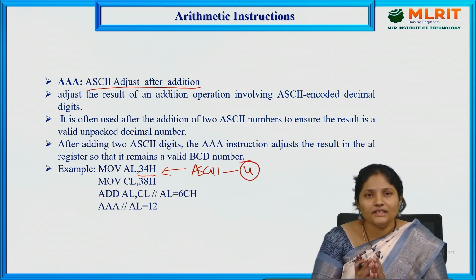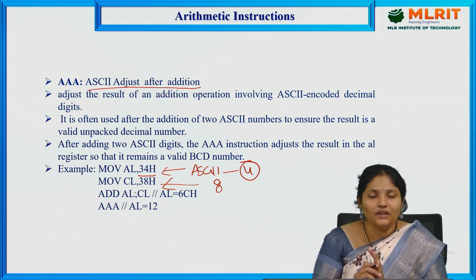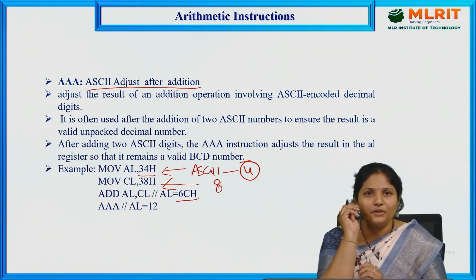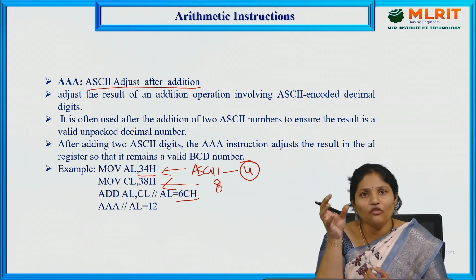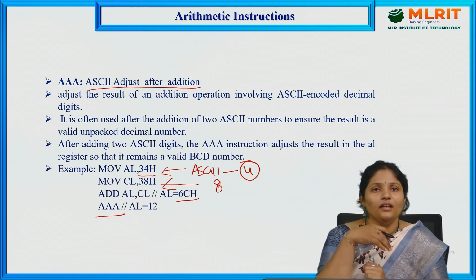What is the ASCII representation of 4? Here, 34. And the ASCII representation of 8 is 38. If we perform addition between ASCII numbers, then the output will also be in ASCII representation. But if we want the output in the format of binary coded decimal, then we can go for the AAA instruction.